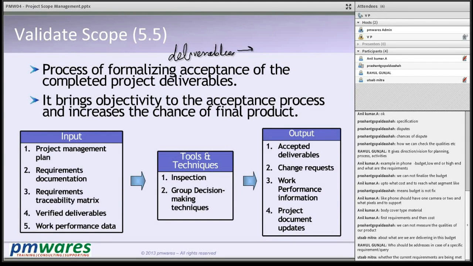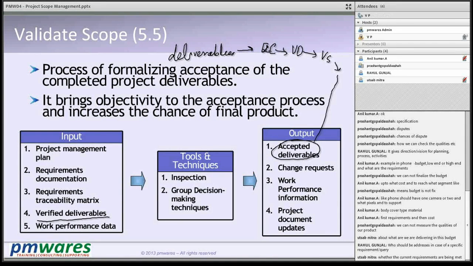It goes through quality control, in the quality chapter. Quality control will give us verified deliverables. These verified deliverables go as an input to validate scope, and that produces accepted deliverables.